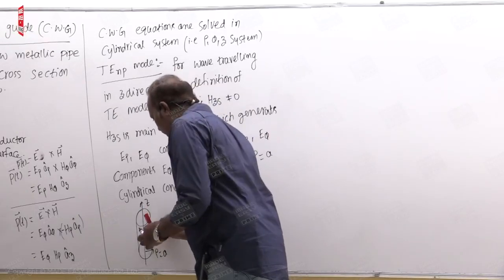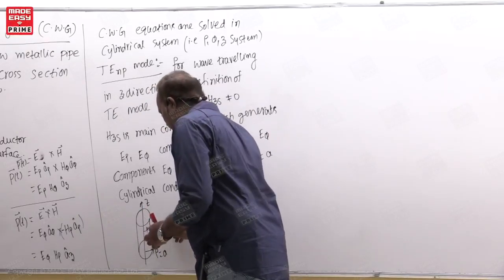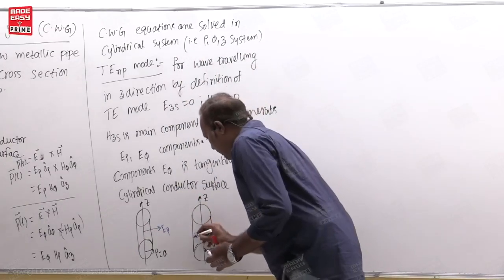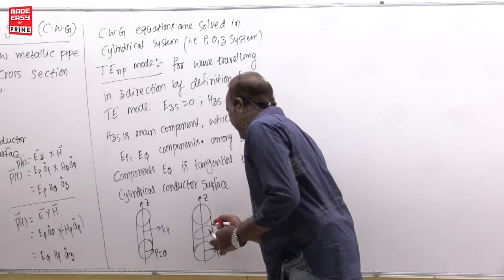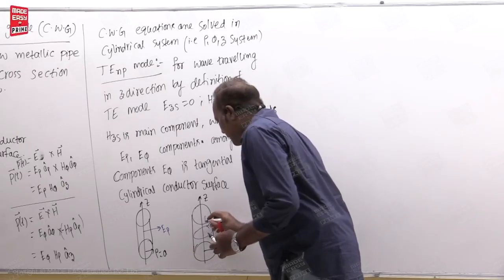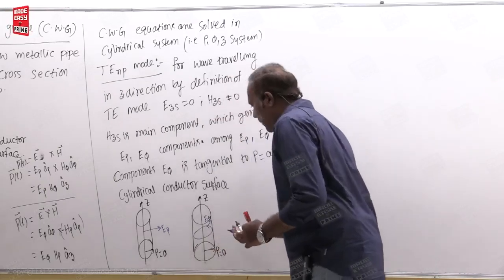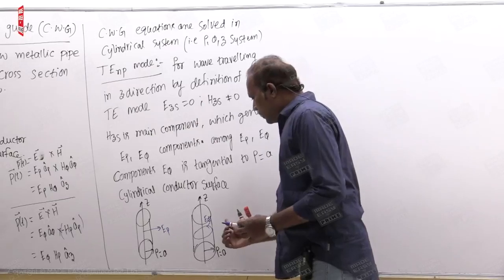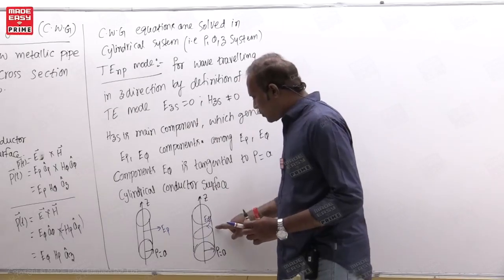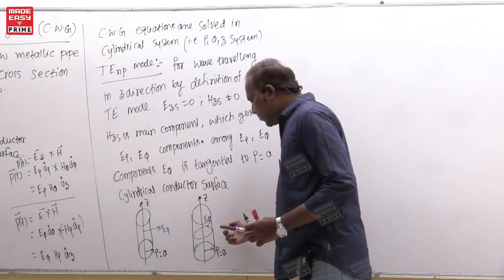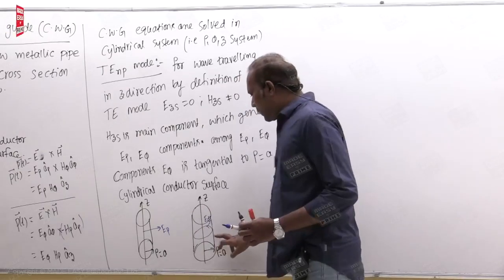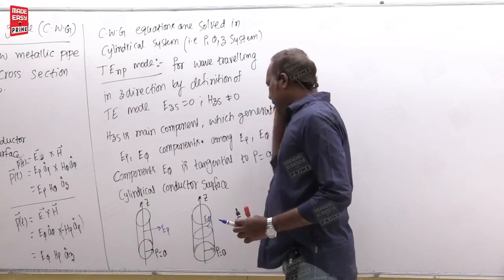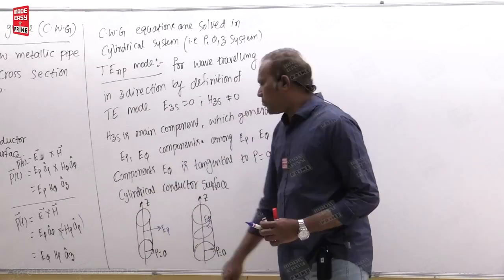The electric field rho component will be in the rho direction like this, that is 90 degrees to this surface. But the electric field phi component is like this only, it is circular. So rho means radial, that is 90 degrees to the rho equal to a cylindrical surface. E phi means circular, that is parallel or tangential to the rho equal to a surface.